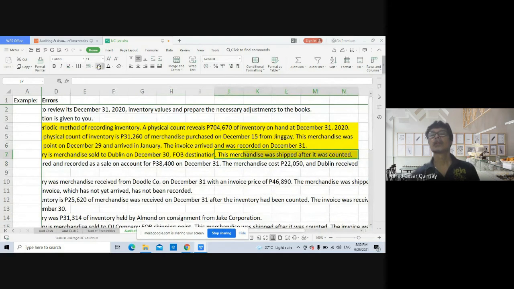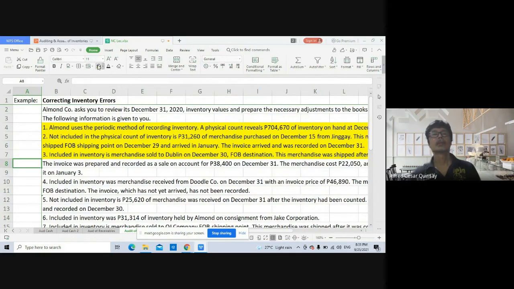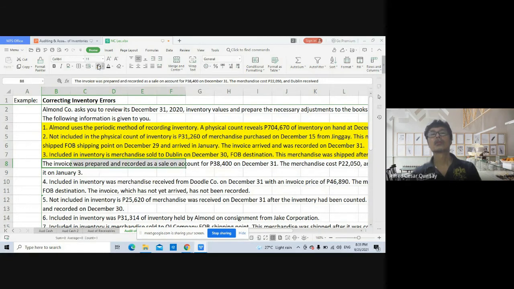So it was taken out and shipped after being counted. So it is still included there. Counted, it was here, then shipped. The invoice was prepared and recorded as a sale on account for 38,400 on December 31.